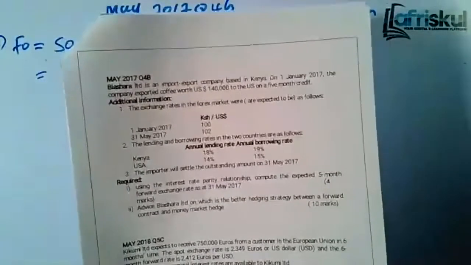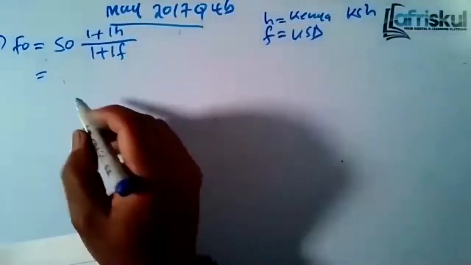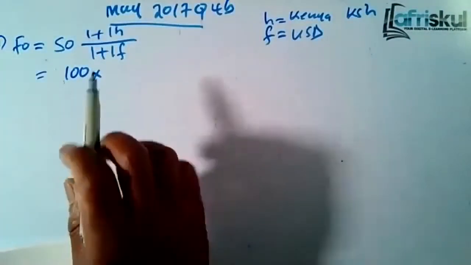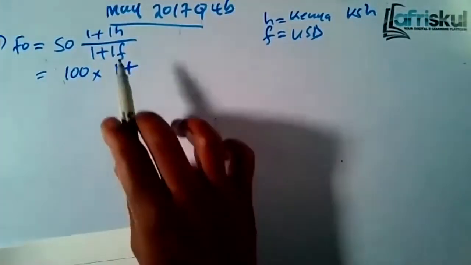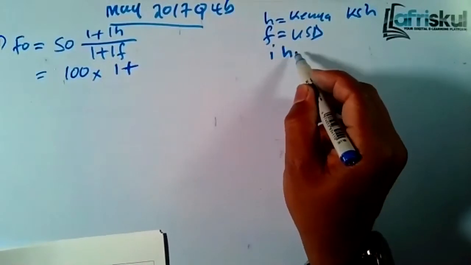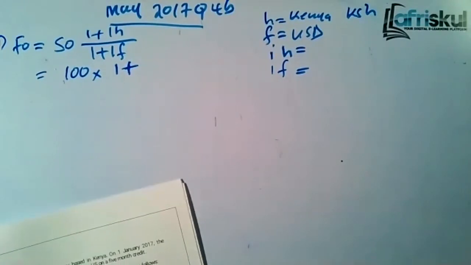But we already have S0. Our S0 here, on 1st January, is 100. So you take 100 times 1 plus... First of all, you need to get the interest rate at home currency and the interest rate at foreign currency. Let me take you back. Remember I said step number 1: you need to borrow using the foreign currency, which in this case is US dollars.